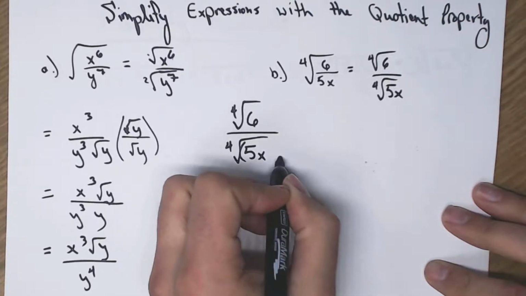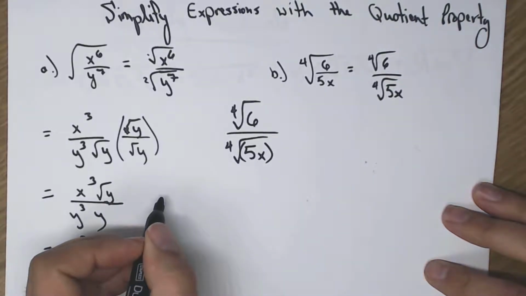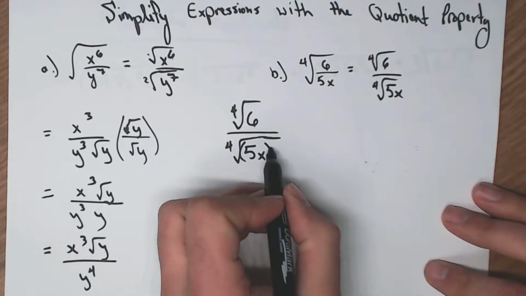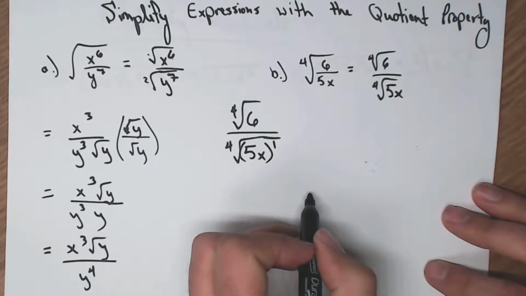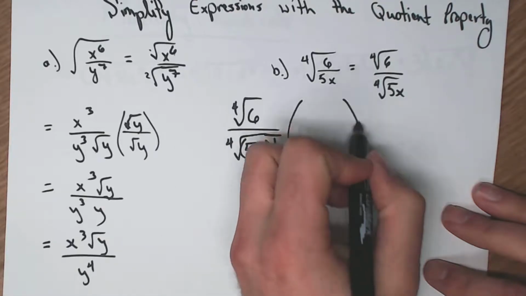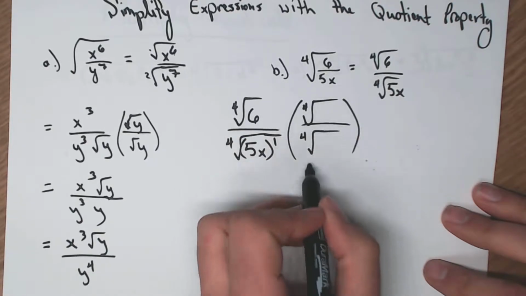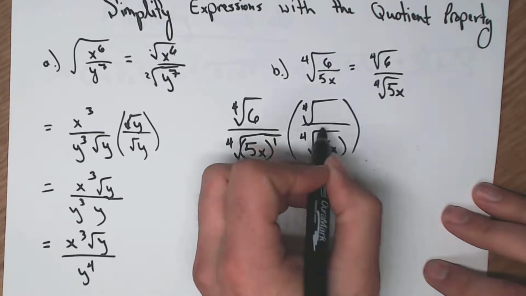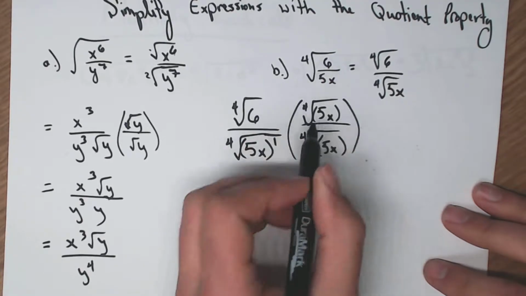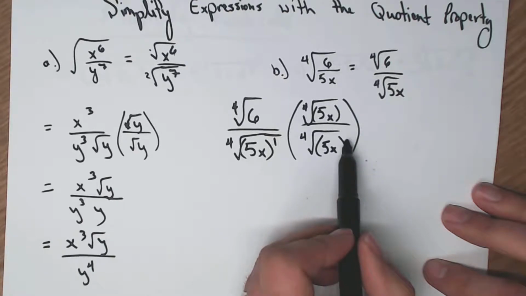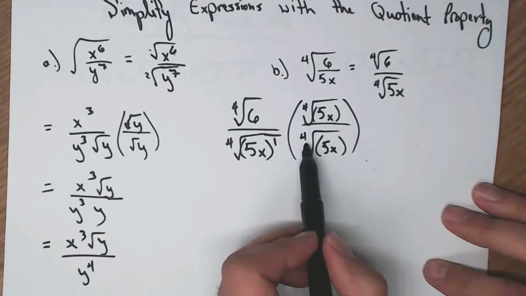And I'm actually going to write that 5x in parentheses. What's the current exponent on 5x? Just a 1. I need to multiply that by my same 4th root, and it's going to be 5x. But what does that exponent need to be so that it'll eventually cancel with this 4?